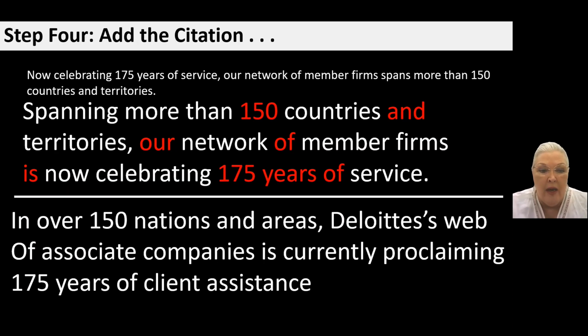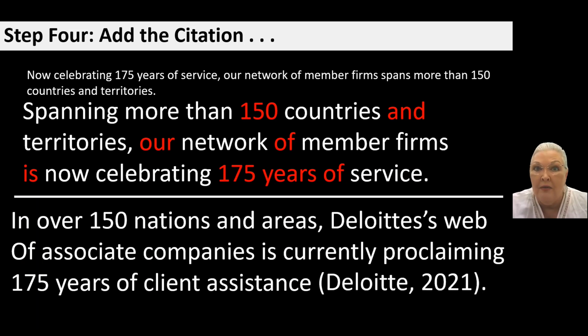Okay, so now we have our complete paraphrase, right? But we have to add the citation. And if you remember from our other tutorial, the citation goes at the end of the sentence, and it includes the author, the year of publication, and the page number if there is one. In this case, we have no page number because it's a website.